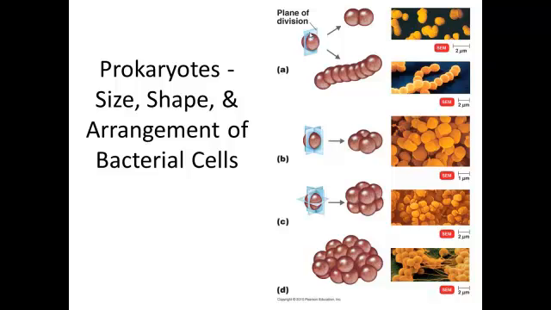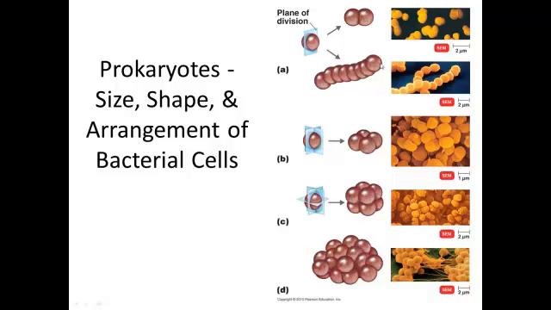Others have a tendency to still hold hands, and the degree to which they remain attached affects their arrangement. Up here, you'll see these are diplococci. They have a tendency to stay together in pairs. So when you look under the microscope, you'll see them in pairs mainly.